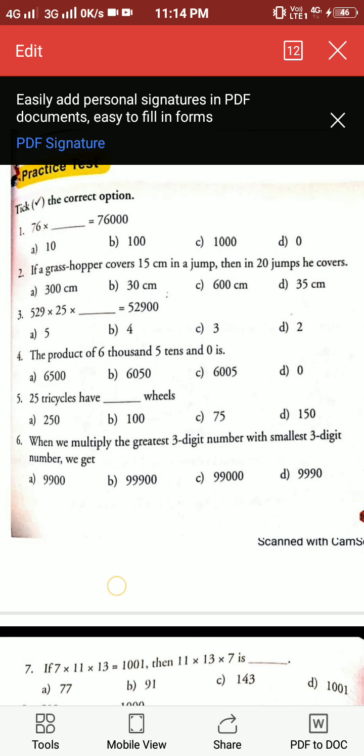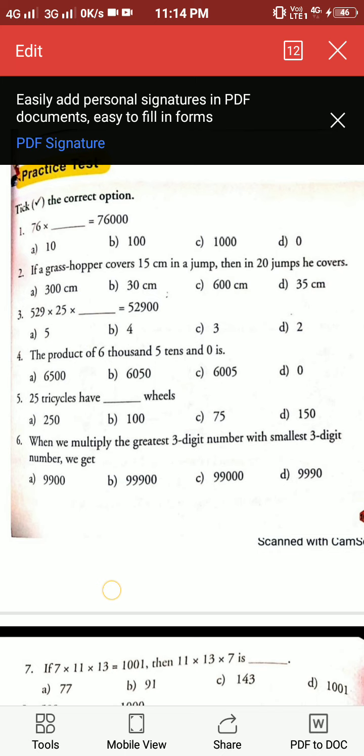Okay, let us start our practice sheet. Practice test 1. They have given the practice test in MCQ form, that means multiple choice questions. Here they have given 4 options.